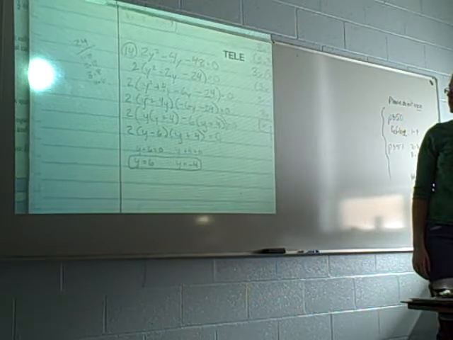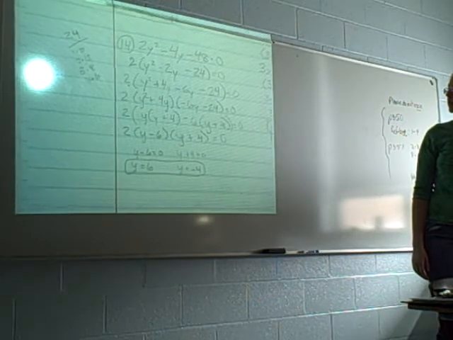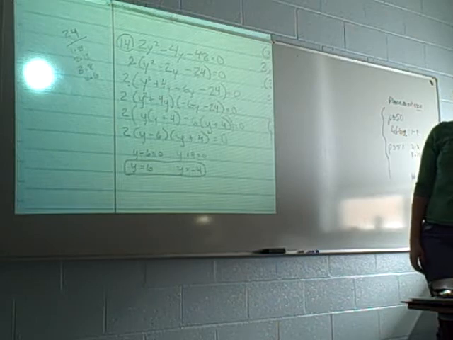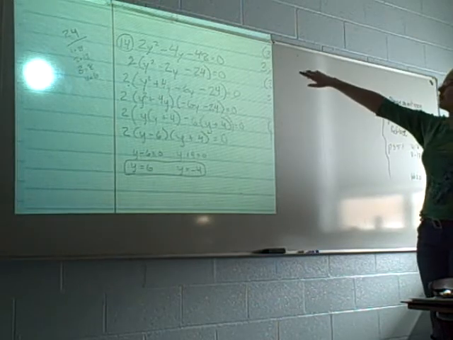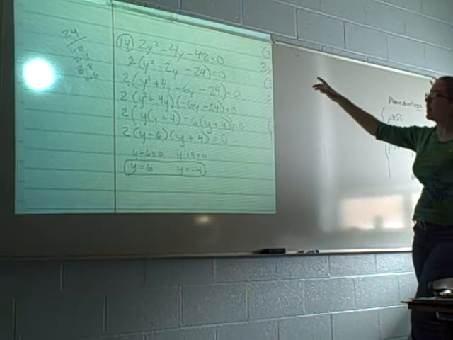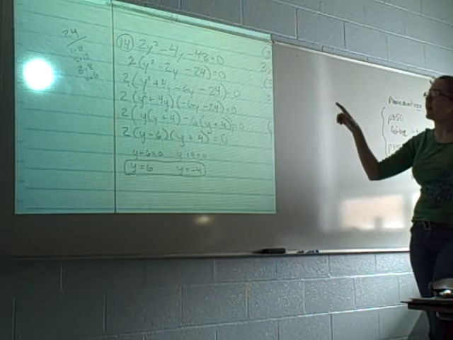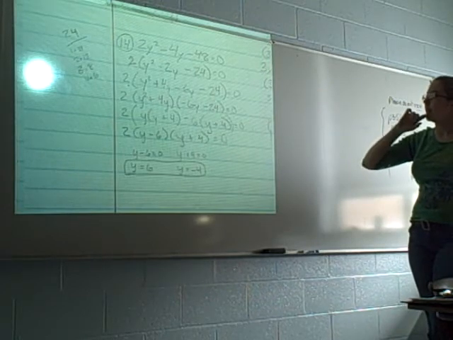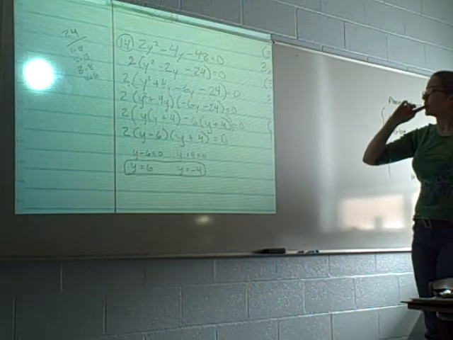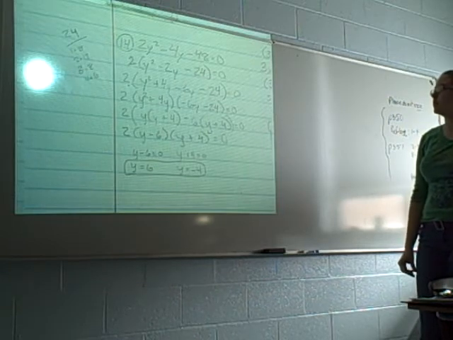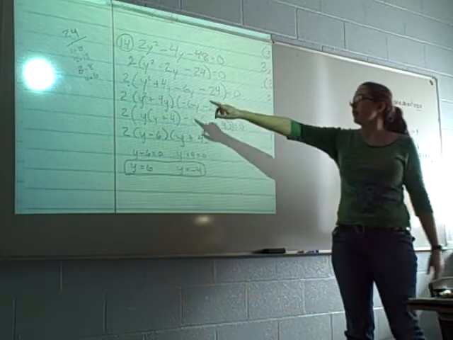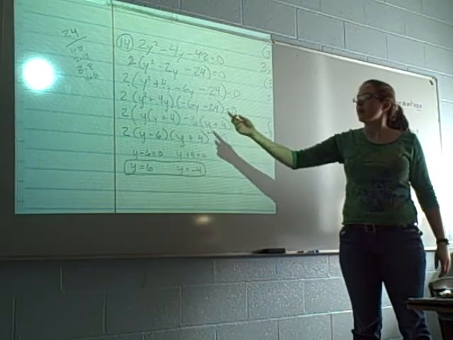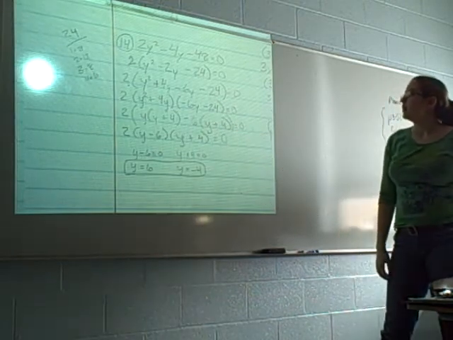Okay. All right. So Cassie, first, why don't you explain what you did? Well, here's the equation to begin with, and then I found the greatest common factor, and then I used the grouping method. So you have to write out the factors that add up to the middle term.